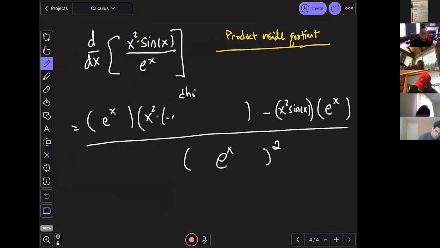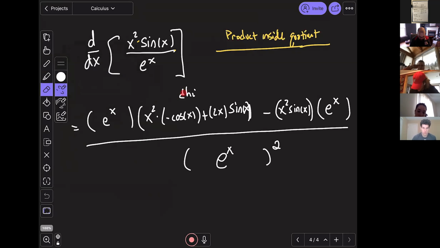Derivative of sine is negative cosine, plus the derivative of our first function times our second function. Okay, so these things can get reasonably complicated. But there we have it. So is that readable in this region?